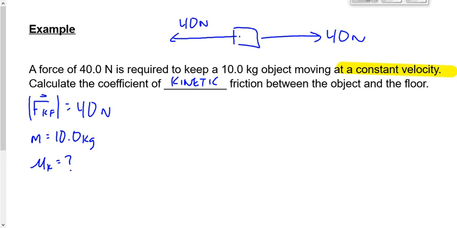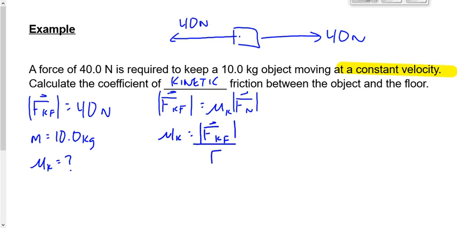All right, let's write down my equation now. Force of kinetic friction is mu kinetic times Fn. Let's rearrange that. I get FKF divided by Fn.